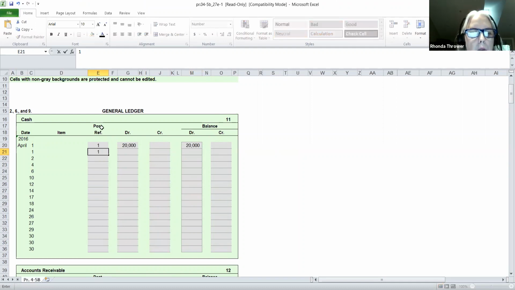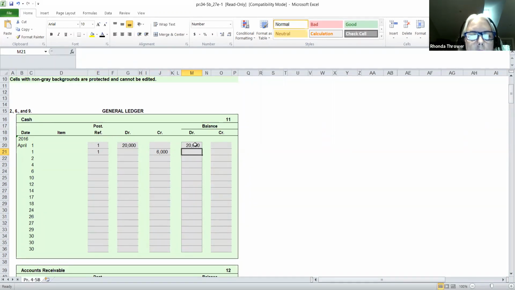It came from journal page 1. The cash account this time was going to be credited for $6,000. So you need to keep up with the running balance of your cash account.